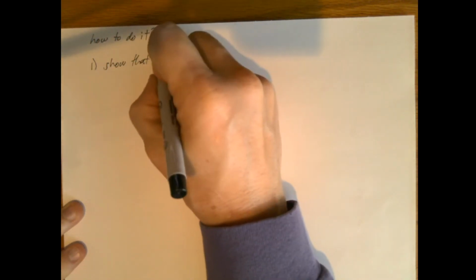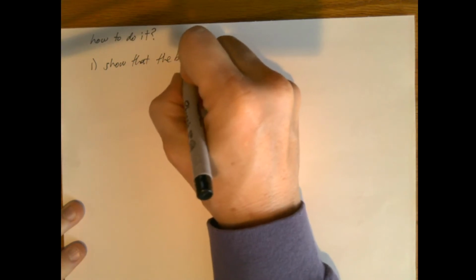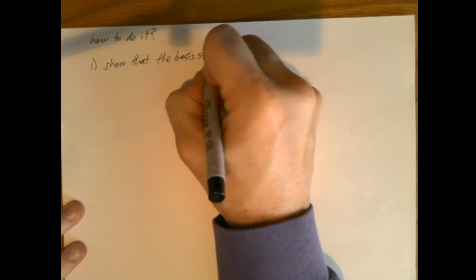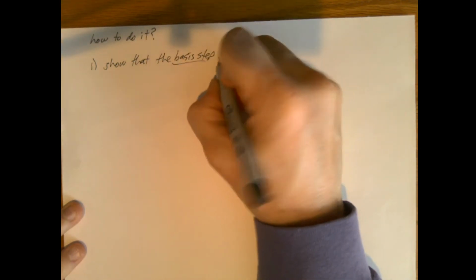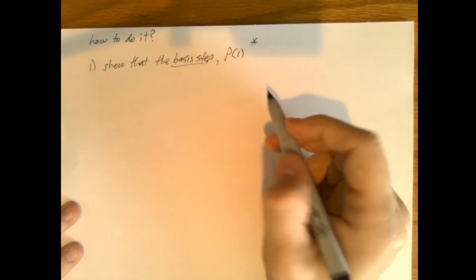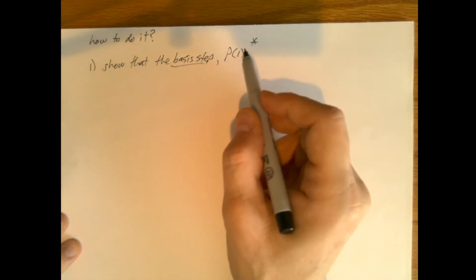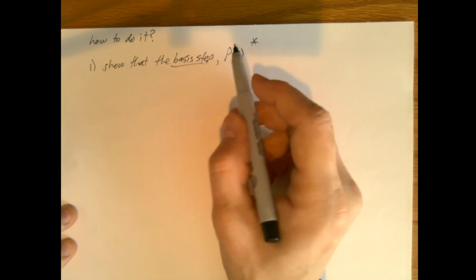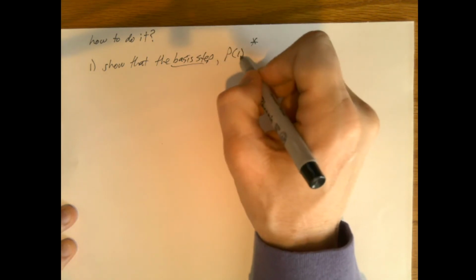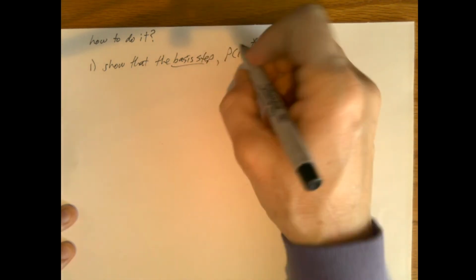Show what's called the basis step, P of 1, and once again a little star there to indicate it could be P of 0, could be P of 10, depends on your problem, but this is the standard way you see it. You'll see examples for which this will be what you really would use. The base step P of 1 is true, and we have to actually show this.